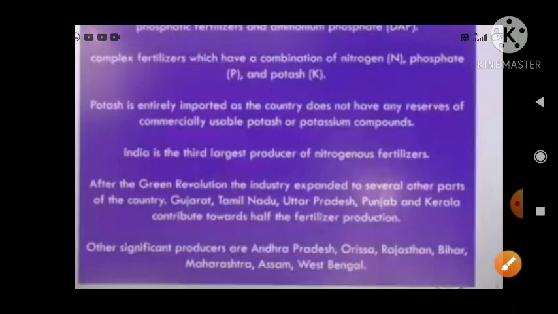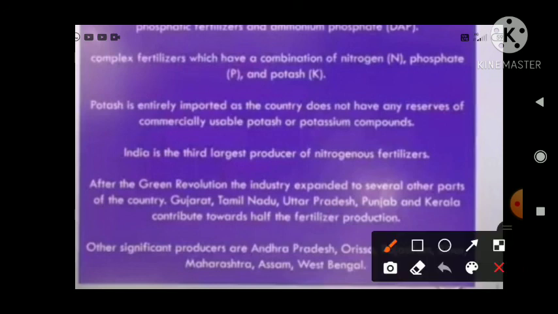The Green Revolution, as we learned in agriculture, made the industry expand its units to other parts of the country, and nitrogenous fertilizers enhanced their power.